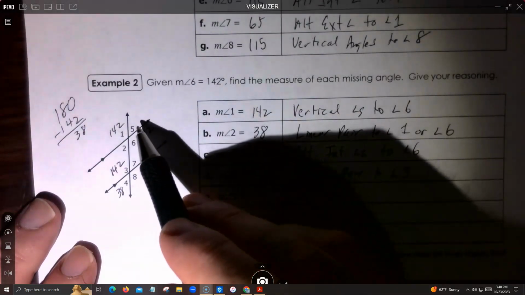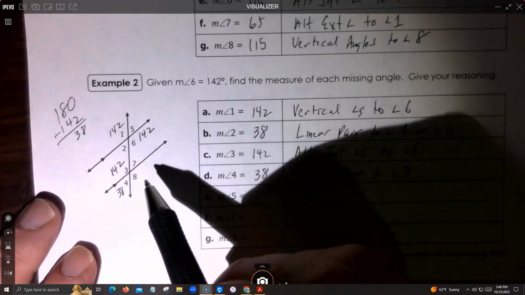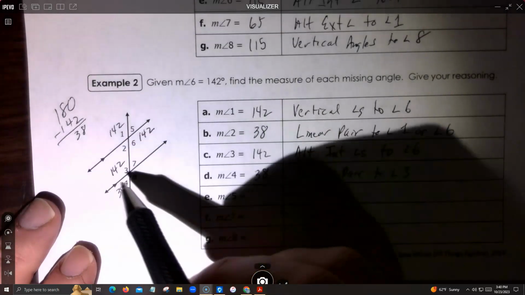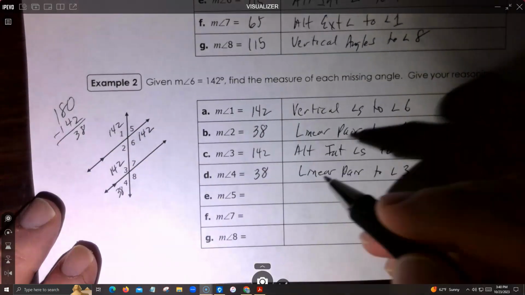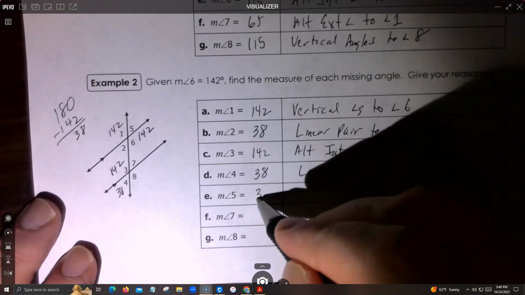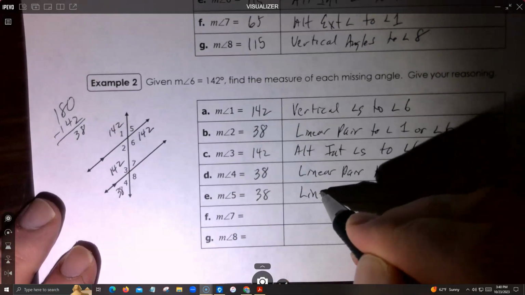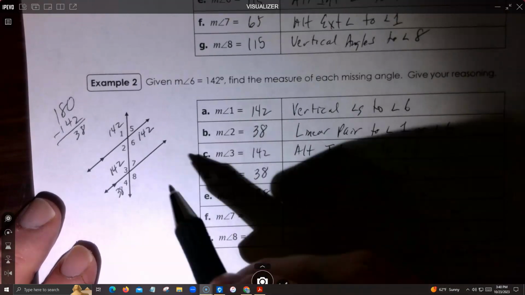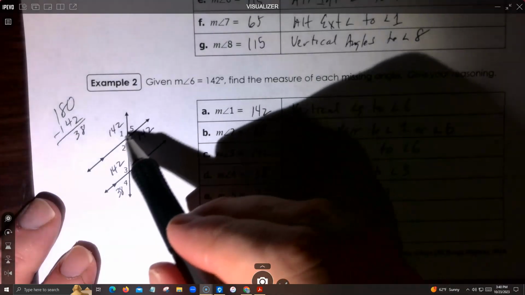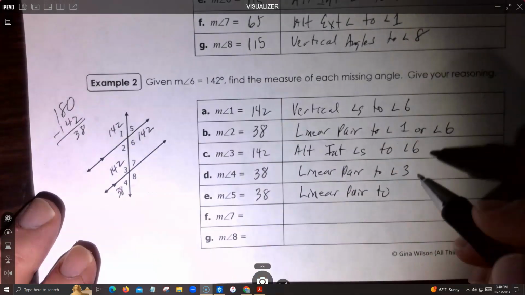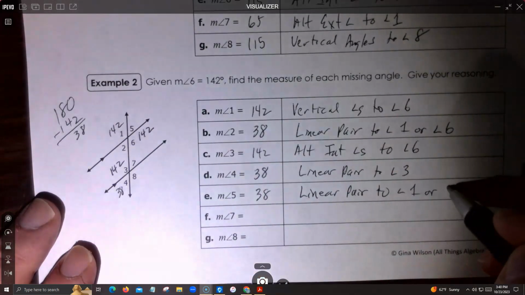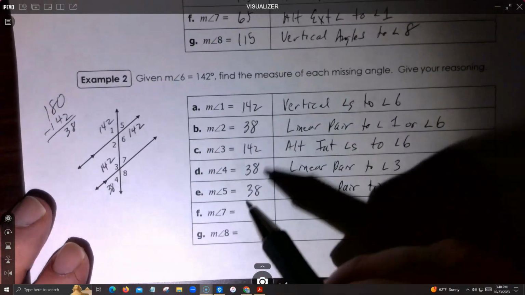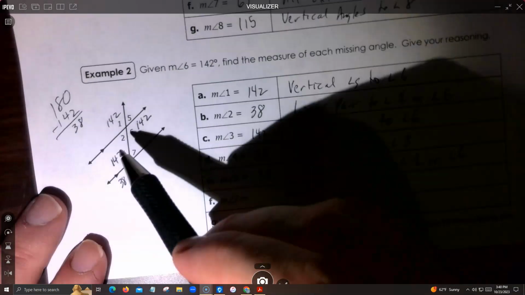Now 5's up here, so based on the information I have written here, I might say linear pair. Again, this is 38. Linear pair, and again, you have two different answers. Linear pairs with either 1 or 6. Either one.